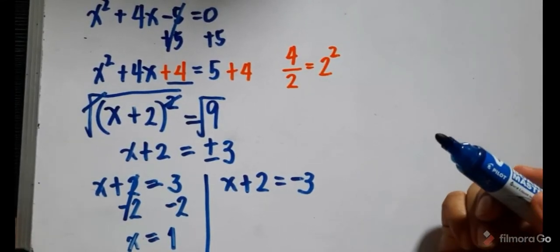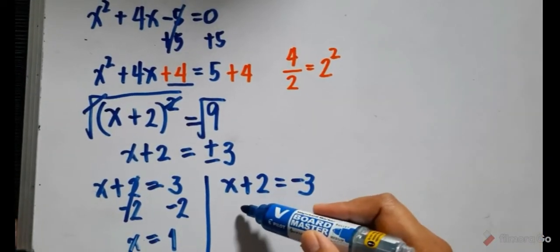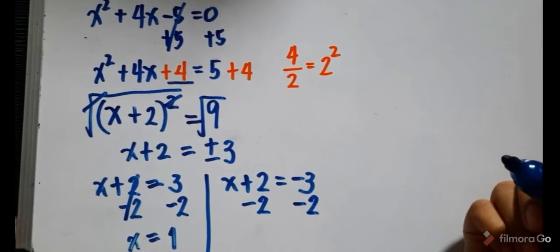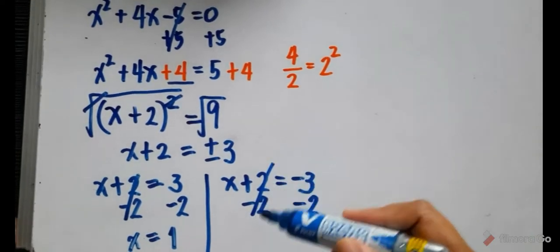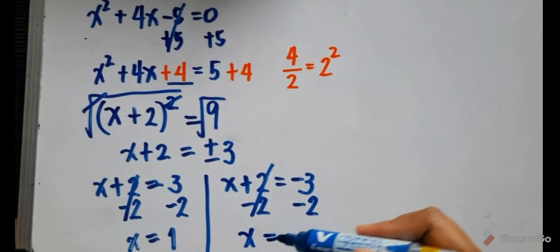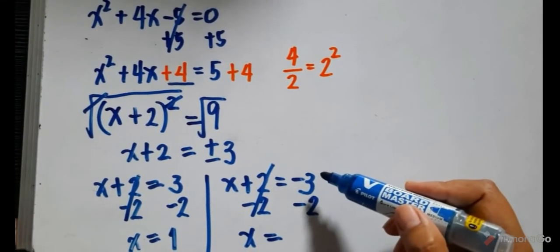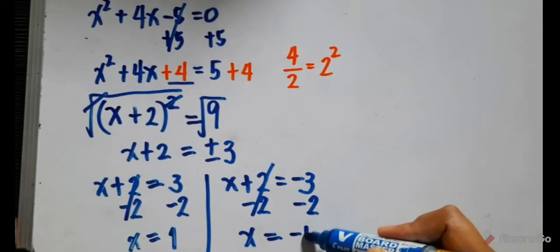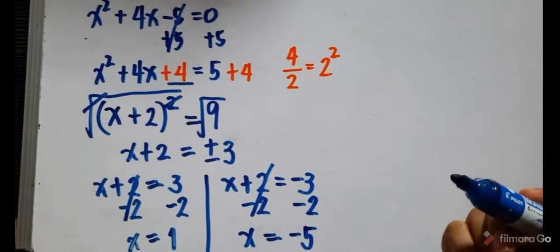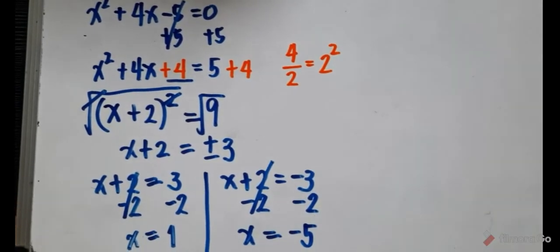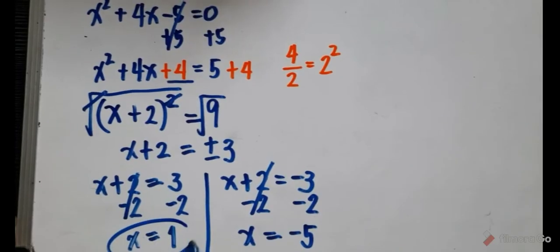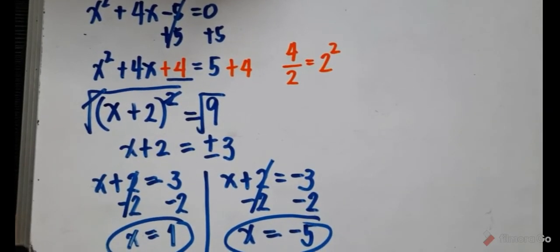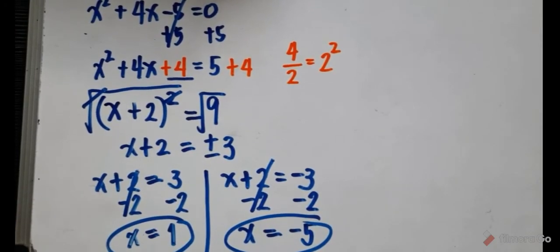On the other hand, we have to subtract 2 on both sides of the equation to make this 0. X now is equal to negative 3 plus negative 2, which is equal to negative 5. So, the roots of this equation are x is equal to 1 and x is equal to negative 5.